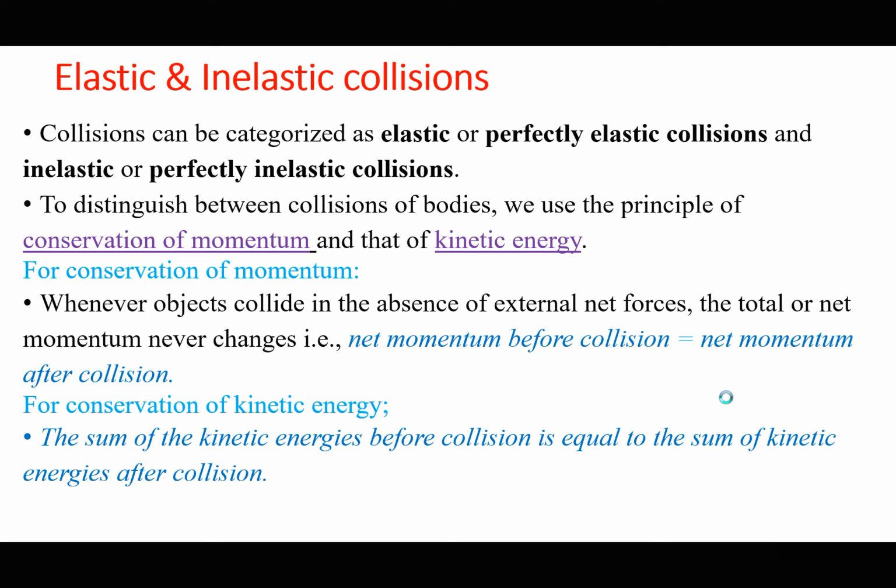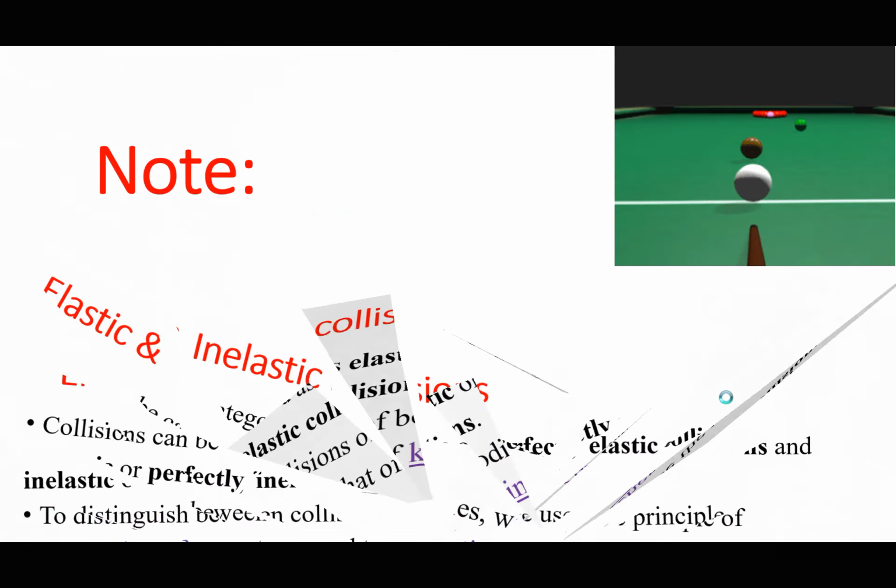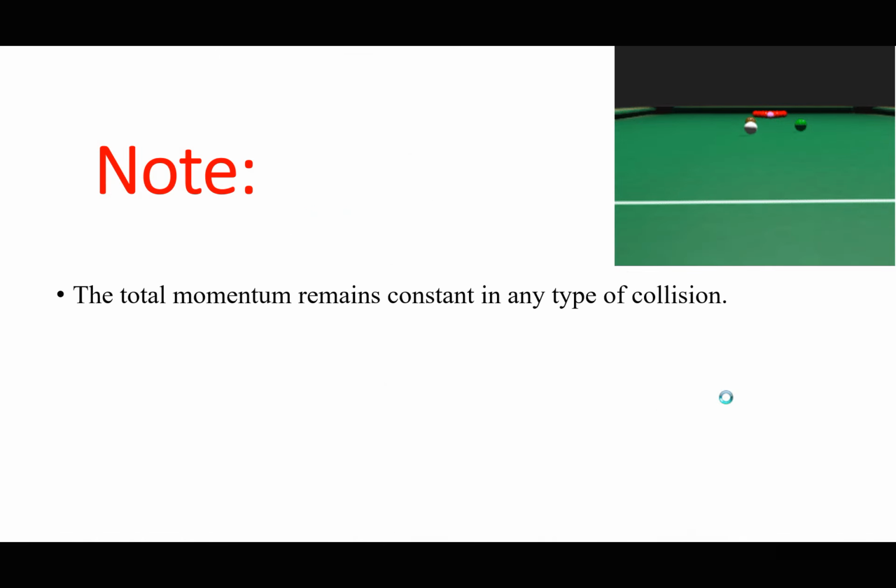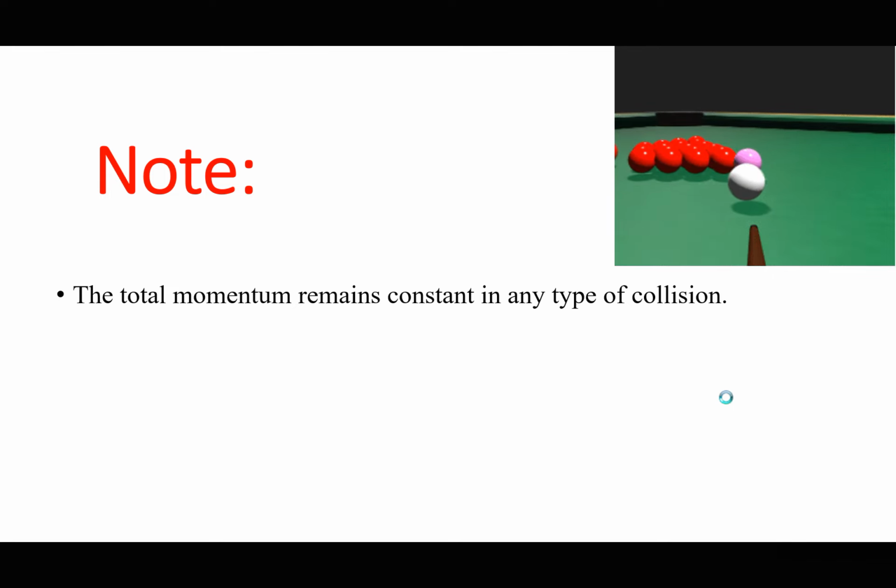In both collisions momentum is always conserved, but conservation of kinetic energy helps us to distinguish between them. One important thing to note is that the total momentum remains constant in any type of collision, whether it is elastic or inelastic.